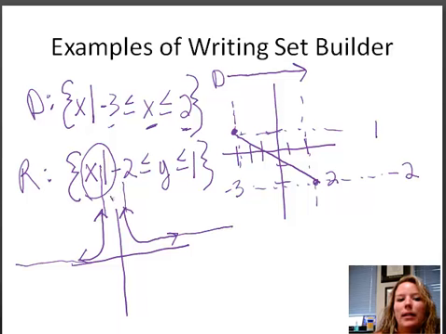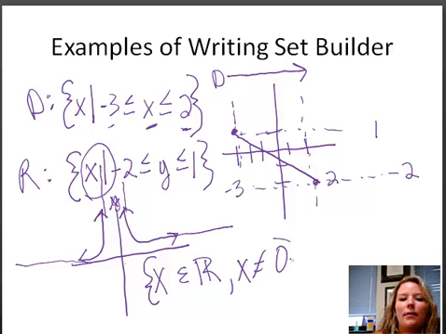Well, I'm excluding this line right here, this y line, that's 0. So instead of having to write out x's between negative infinity, stopping at 0, going to positive infinity, we can say that x is an element of the real number system, and x cannot be 0. Okay? So that would be our domain of the function.